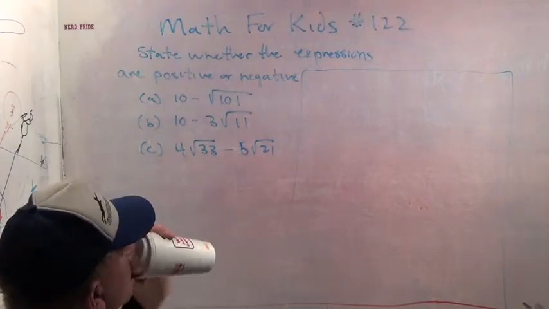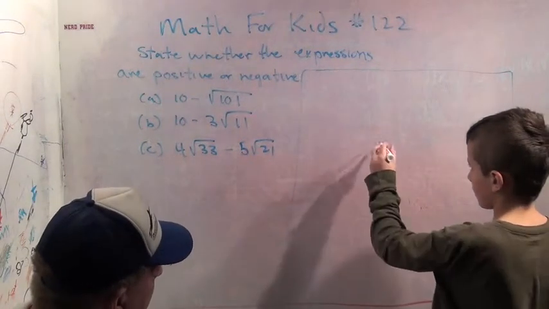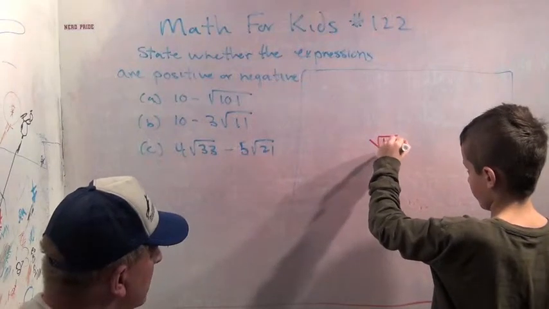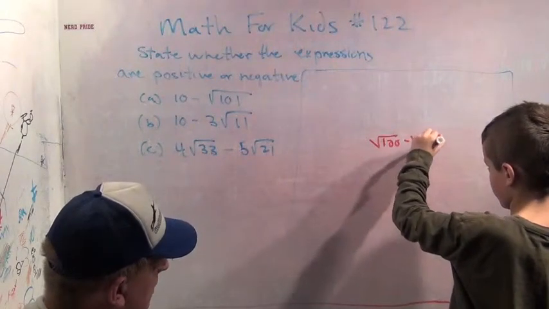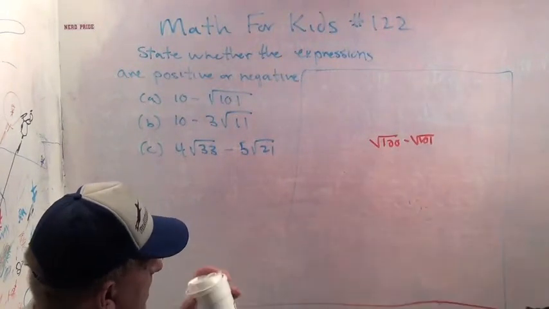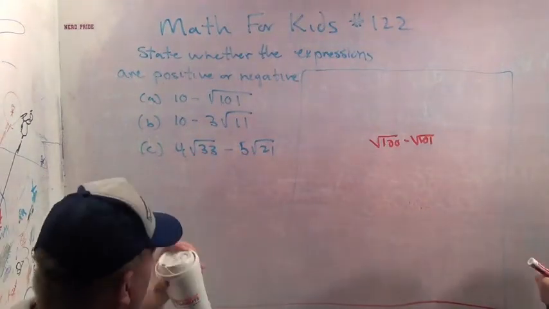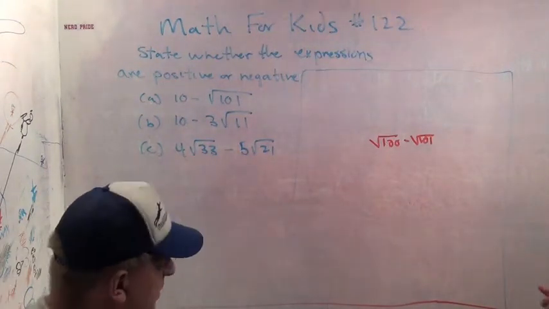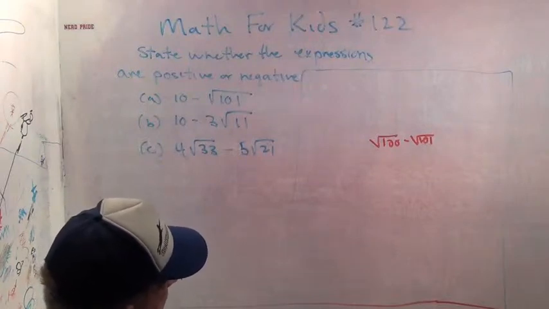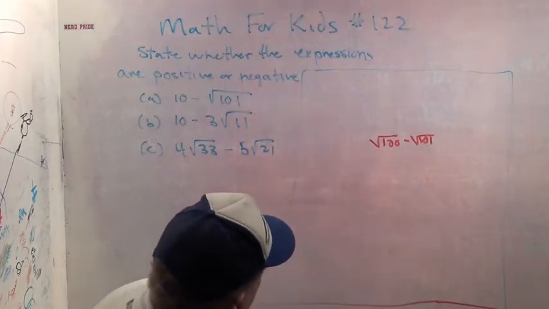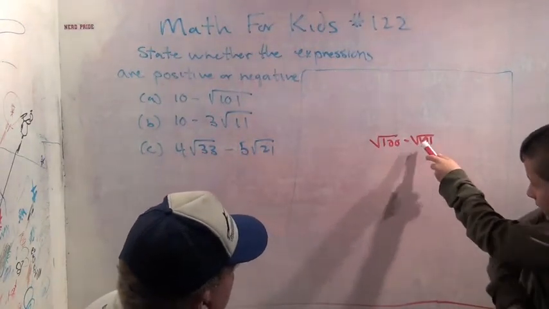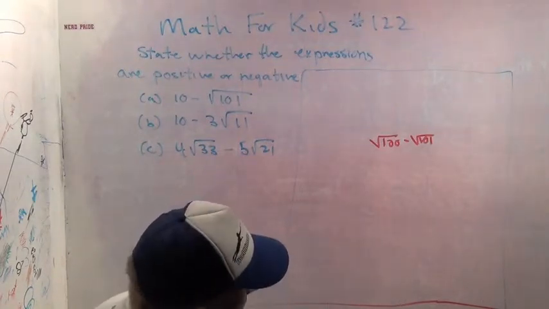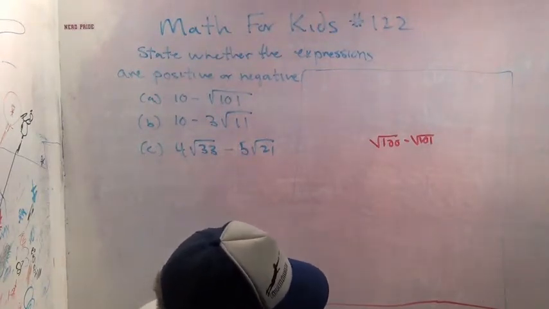Well, it's the square root of 100 minus the square root of 101. The square root of 100 minus the square root of 100 would be 0. So this is negative. Okay, why is it negative? Because you have a small number minus a big number. Because here, let me write.